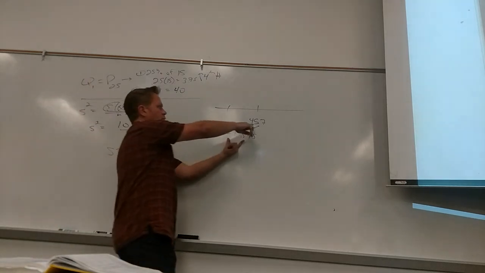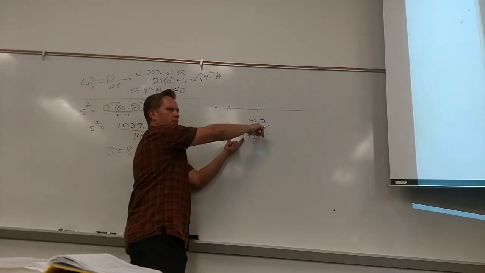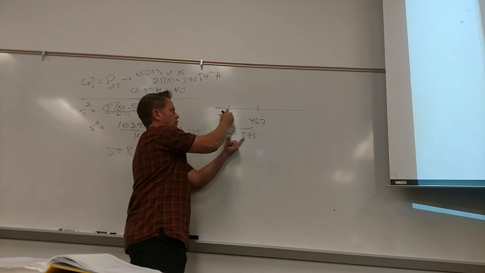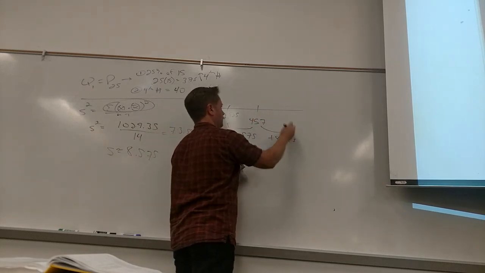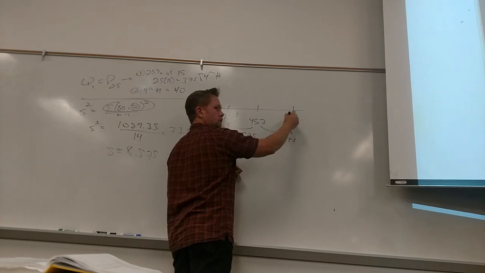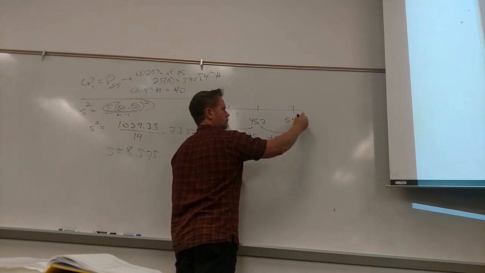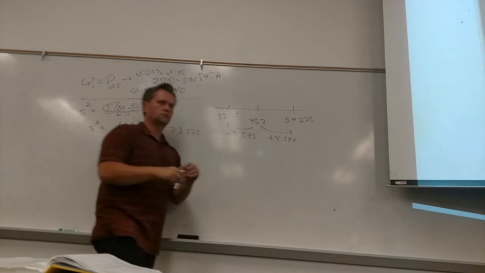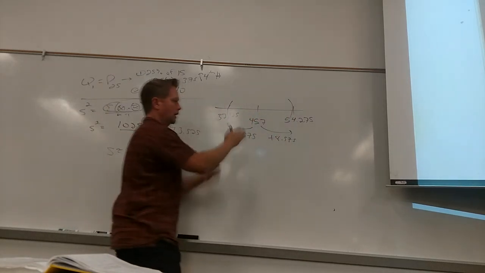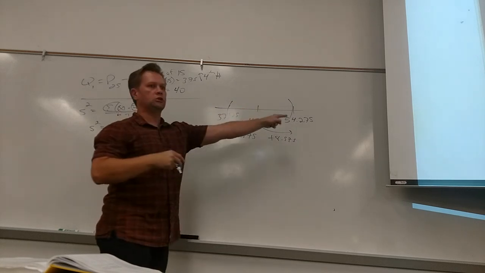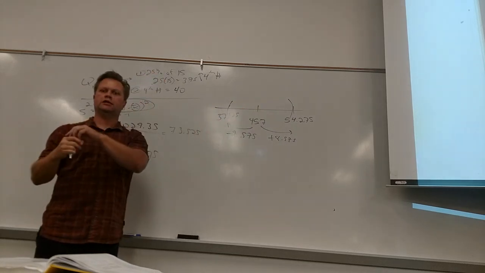So if I subtract 8.575 from this, where do I end up? 37. And then if I add 8.575 to this, 54.2. So I caught every data point that's in between those. What data points did I catch?